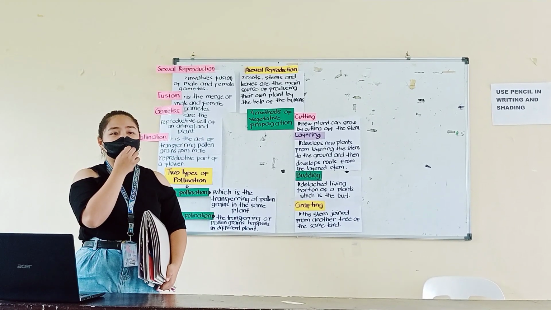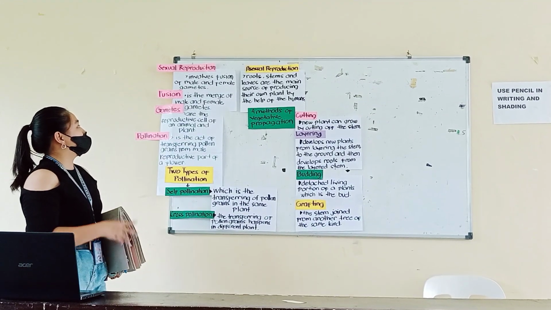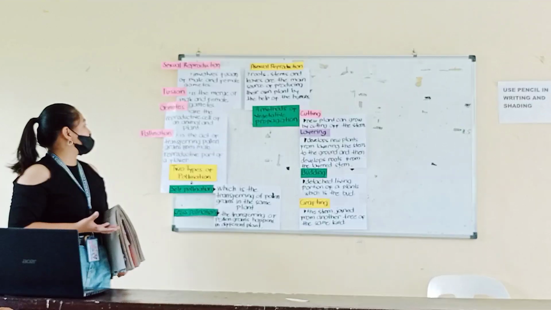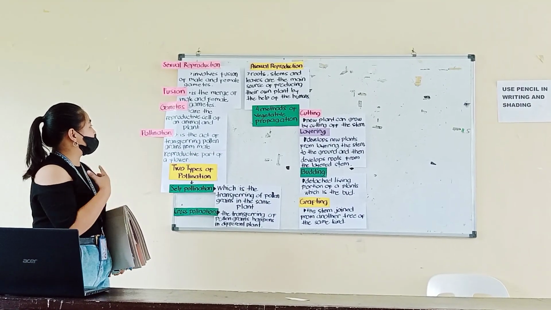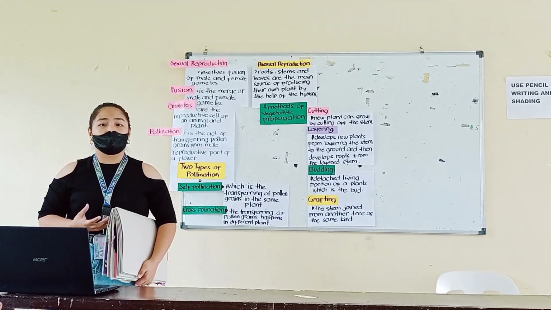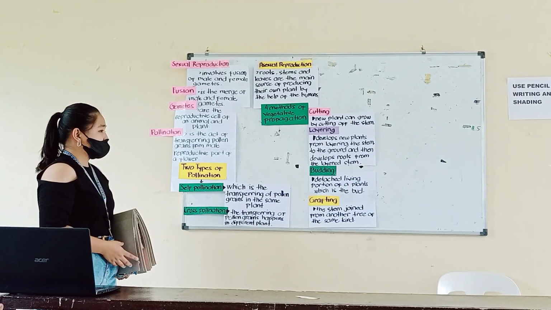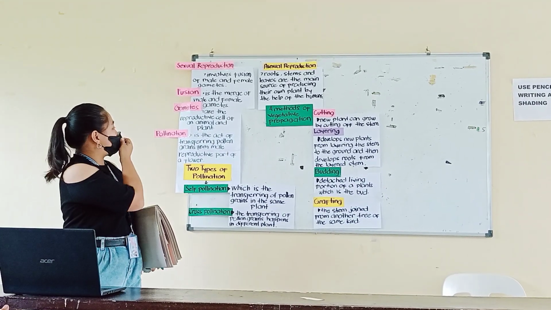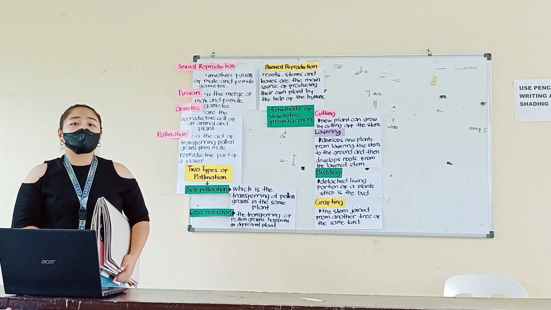So what is this fusion? Fusion is the merging of male and female gametes. Gametes are the reproductive cells of an animal and plant. So, in sexual reproduction, pollination takes place.